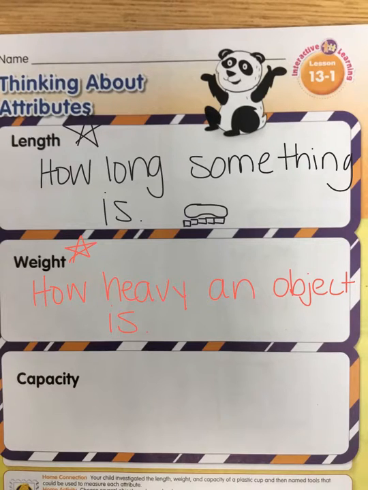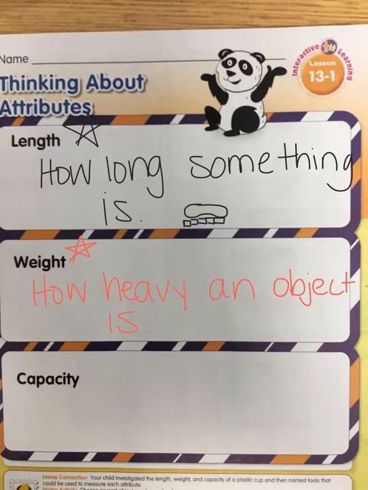And our last attribute, a way we can measure something, is capacity. And capacity is the amount a container can hold. So think about a water bottle or a cup or a coffee mug. How much something can hold.